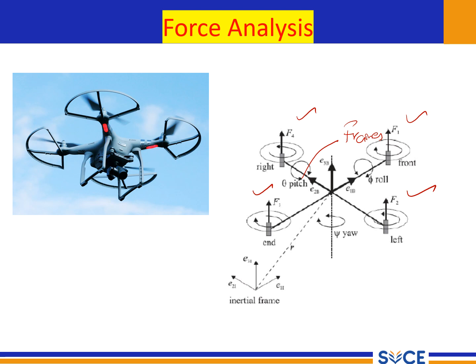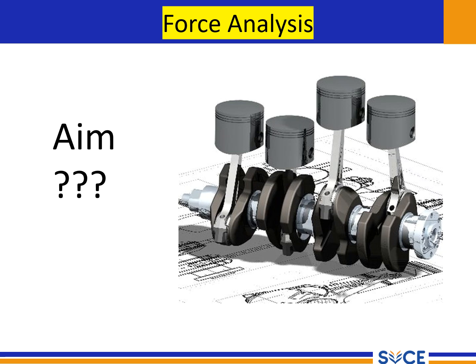This is another example. Next we are going to our classic example, the slider crank mechanism. Observe the very basic mechanism, the slider crank mechanism here. It is an IC engine. The piston here is moving in a straight line while the crank is rotating. The connecting rod is connecting the piston and the crank.